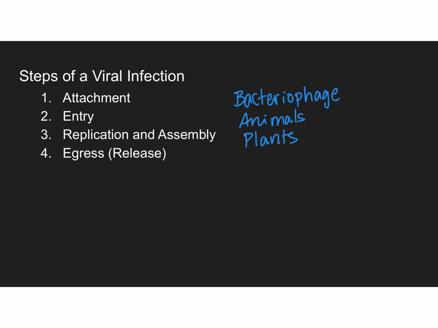And also remember that viruses come in different varieties. So some might be enveloped, meaning that they have an outer membrane that surrounds the capsid, or they might be naked or non-enveloped. And all of these things determine how this virus is able to infect the cell.